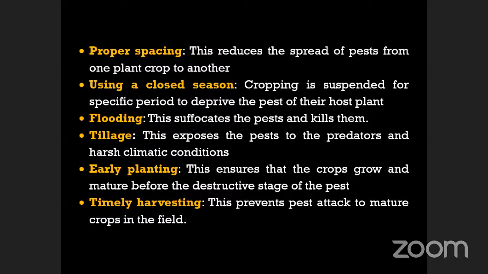If you have been growing groundnuts, you stop growing groundnuts for some seasons, for some days. When you do that, you are going to starve the pest which has been surviving on groundnuts. And hence, you have controlled the pest.